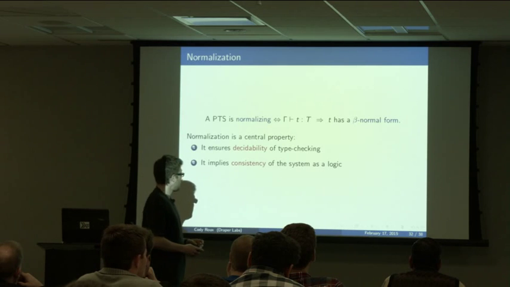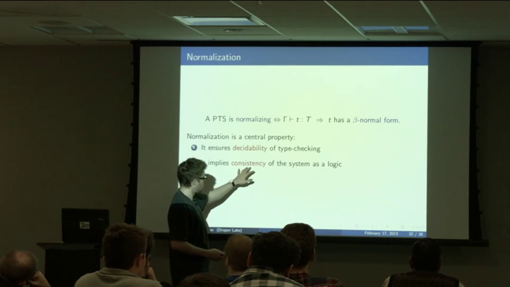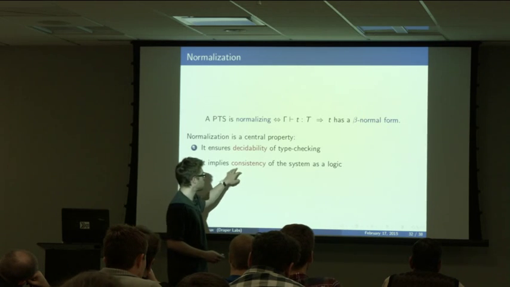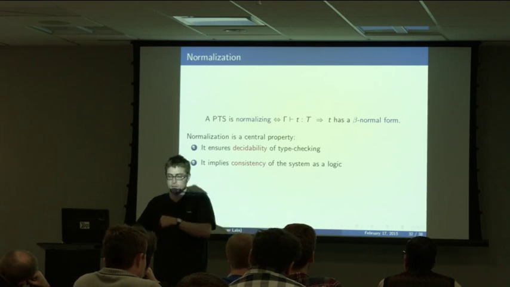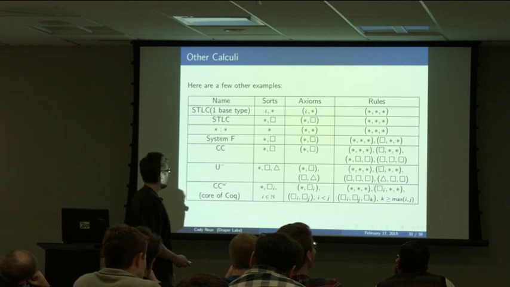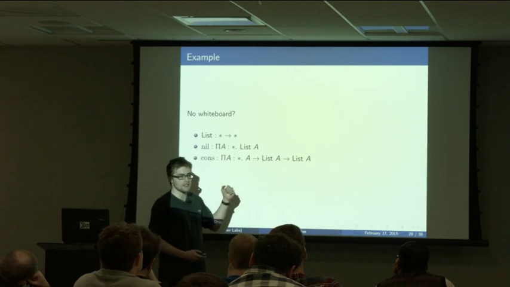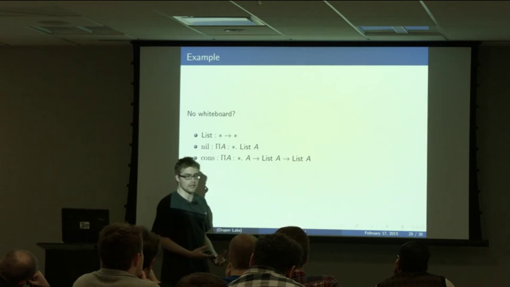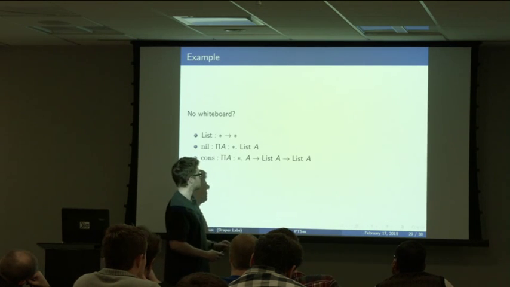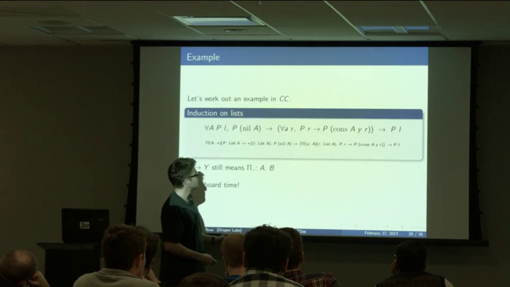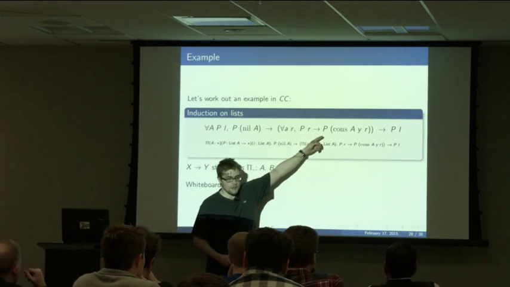And it also ensures something that we alluded to but didn't explicitly talk about, which is the consistency if you see the system as a logic. So often, instead of seeing this as a type, you want to see it as some kind of statement that you're making, which is, in this case, not very enlightening, but in this case, it's definitely the induction principle.